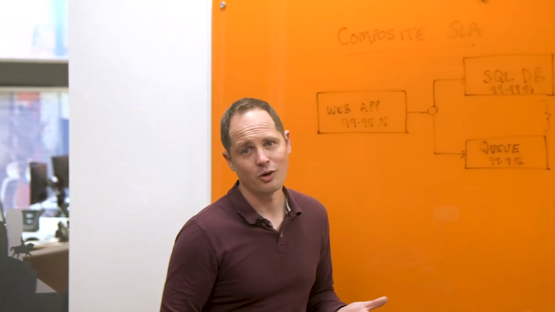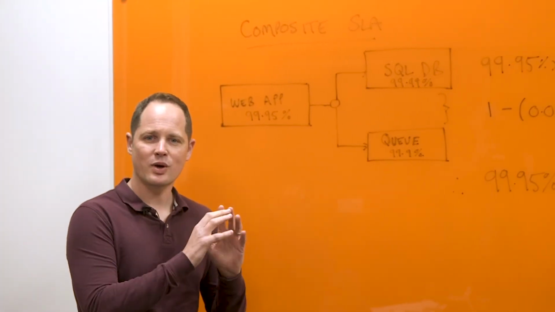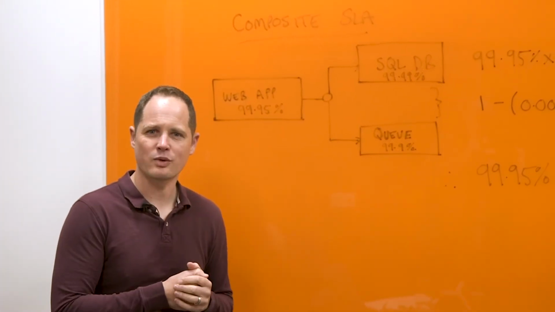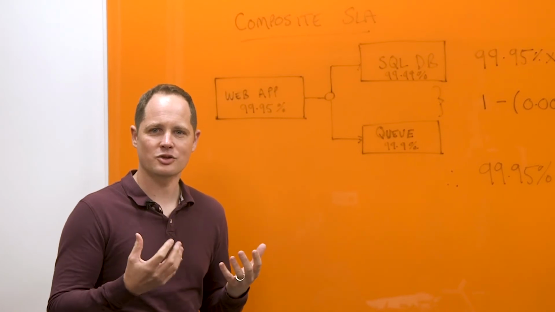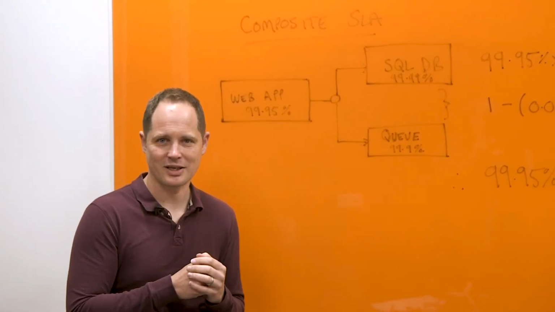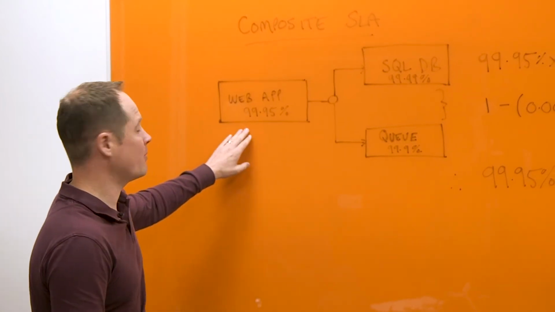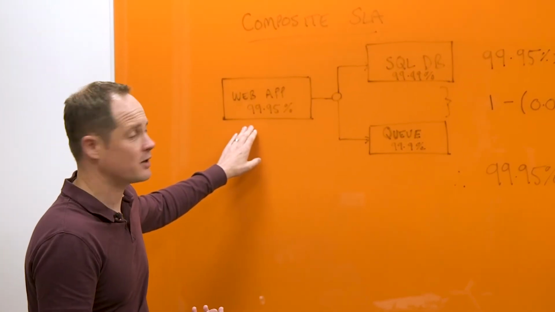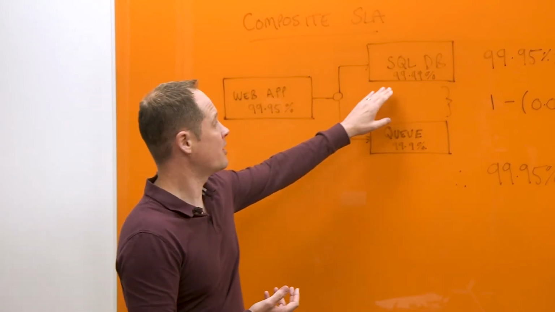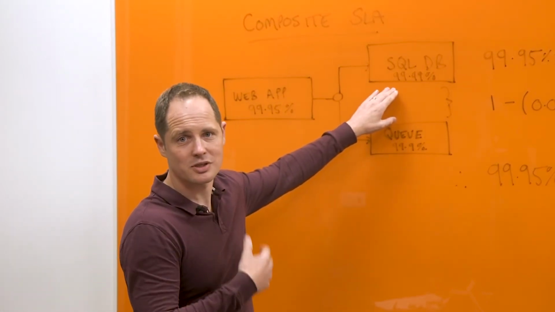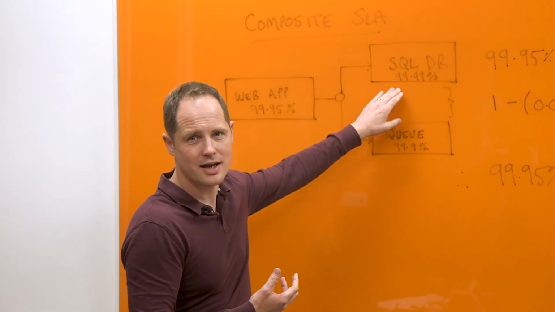A composite or compound SLA is when you've got a combination of services within Azure that starts to create a solution level SLA. A really good example is a web app, which comes with 99.95% availability, and that's probably writing data to a SQL database which has got a 4 nines SLA.